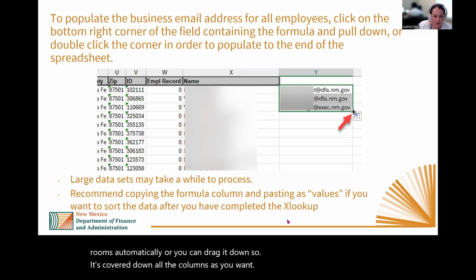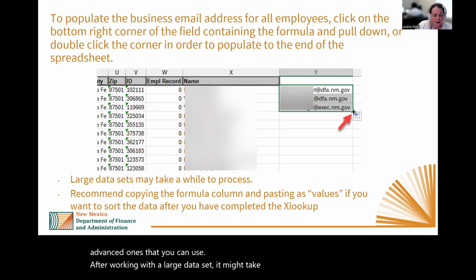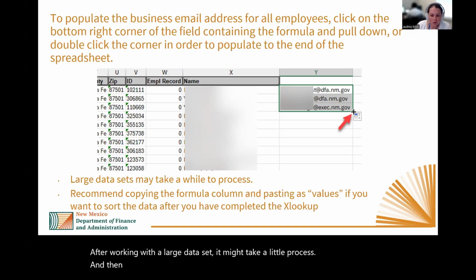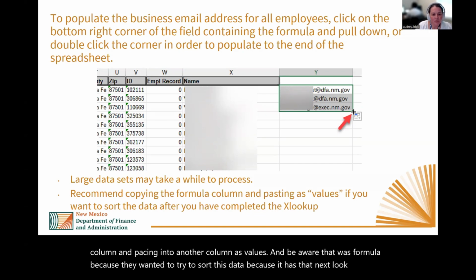So a couple things to note, this is a very basic XLOOKUP function. There are more advanced ones that you can use. If you're working with a large data set, it may take a while to process. And then I also recommend that if you do use XLOOKUP, once you have completed the formula and you've applied it to everyone you want, that you copy that column and paste it into another column as values and get rid of the formula, because if you want to then go back and try to sort this data, because it has that XLOOKUP formula in there, it will take a long time to sort.